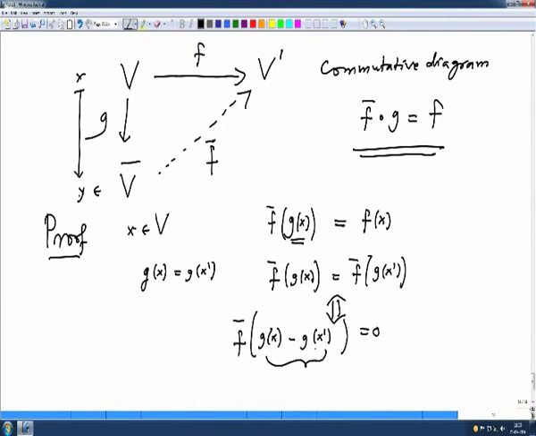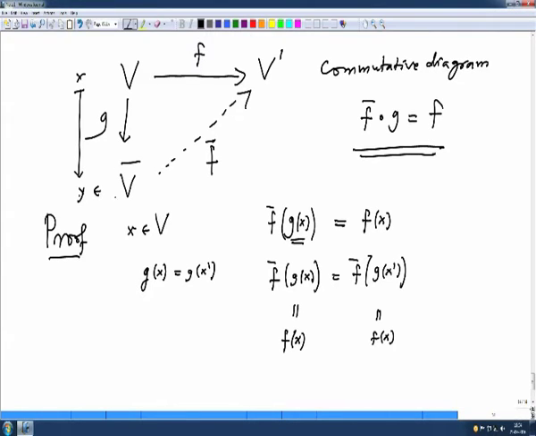But if you want to say that it is well defined, sorry, you can do it much quicker. See, we want to check these are well defined, means this equal to f(x) and this equal to f(x). So, that means we need to check that the kernel of f should contain the kernel of g.